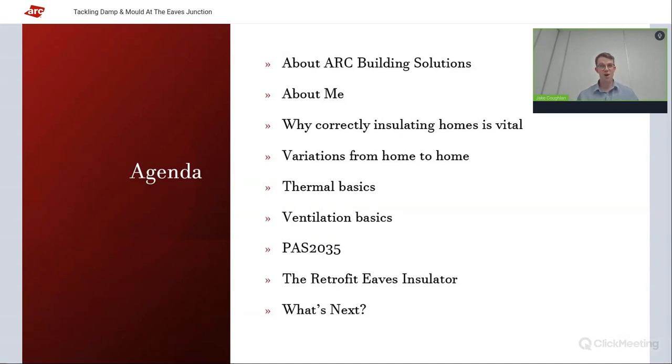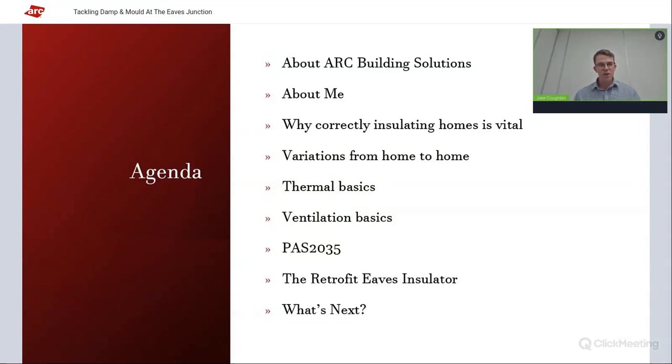Then I'll be going into why correctly insulating homes is so important. That's going to be looking a little bit at the U value and then at thermal bridges as well, looking at some of the variations between homes and what the key variables are that we need to consider when insulating, specifically that Eaves Junction. Then I'm going to dip into some thermal and ventilation science basics, real light touch.